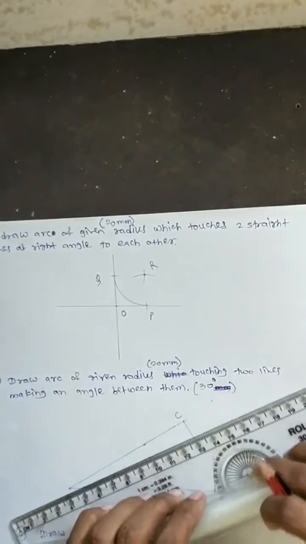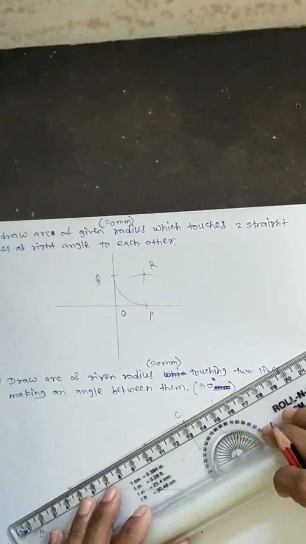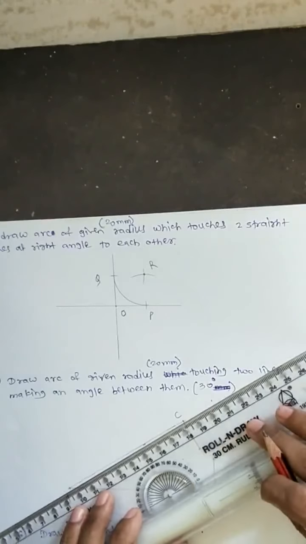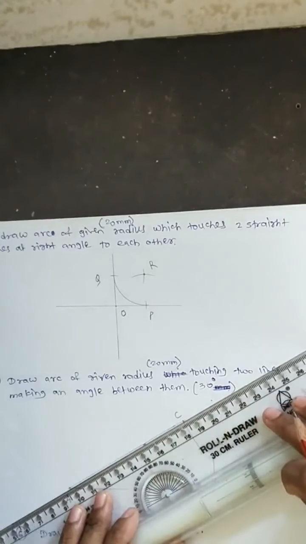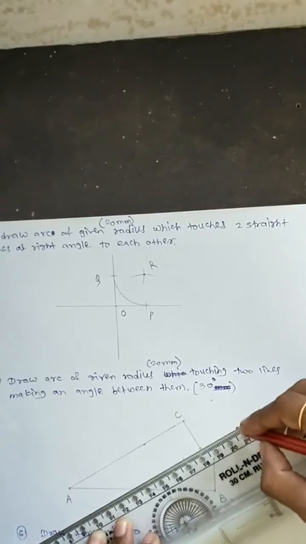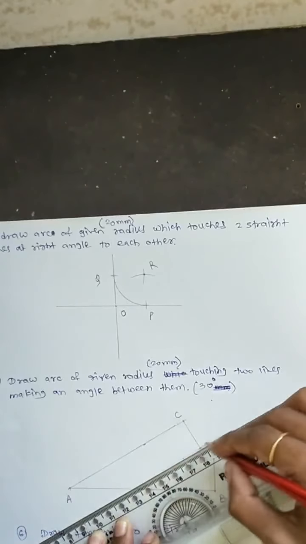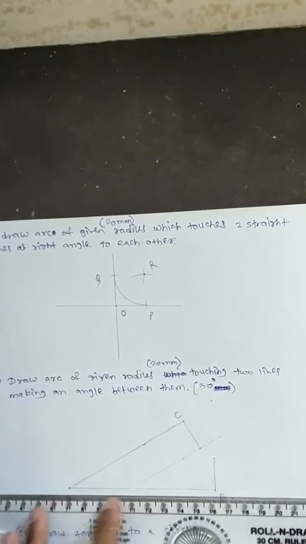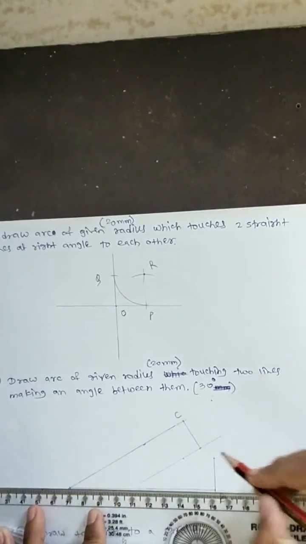Now draw parallel line to AC from this point, and parallel line to AB from this point.